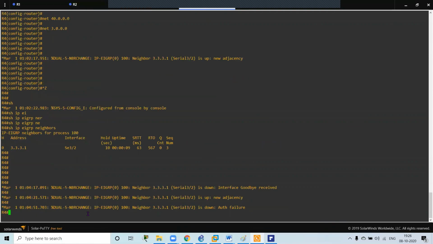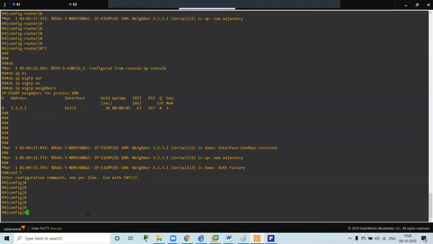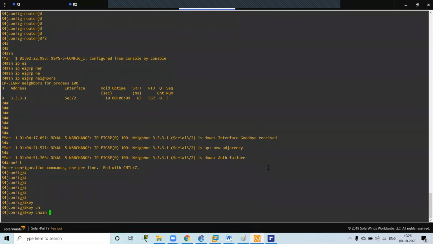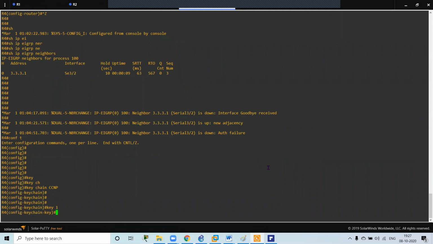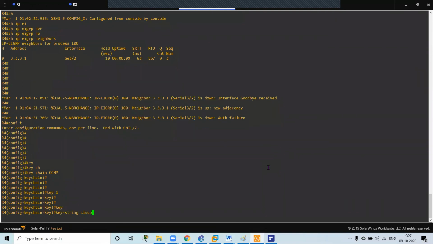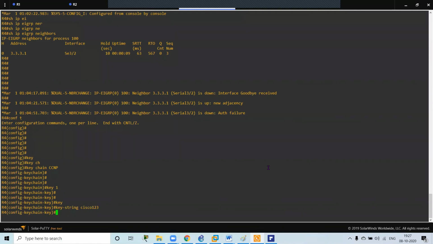I'll go on R4 and configure here also. See what it is giving me. Authentication failure. On R2, I will create a keychain with the name CCNP. Key ID will be 1. Key ID and key string should be the same.